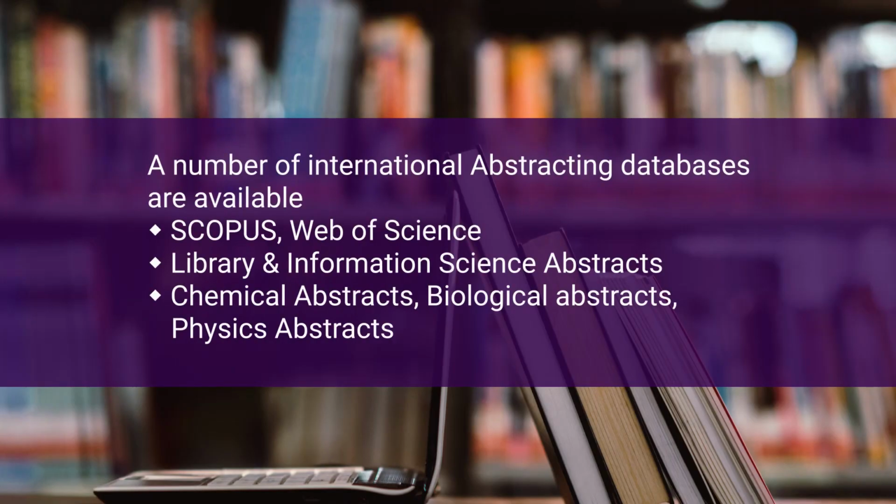A number of international abstracting services are available, like Elsevier brings out the Scopus database, which is an abstracting database. Similarly, Web of Science is another known database of ISI, the Institute for Scientific Information. These two databases mostly cover science and technology related information.